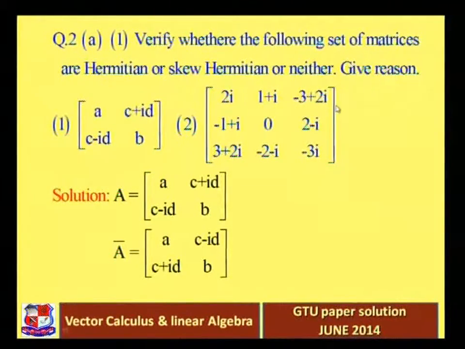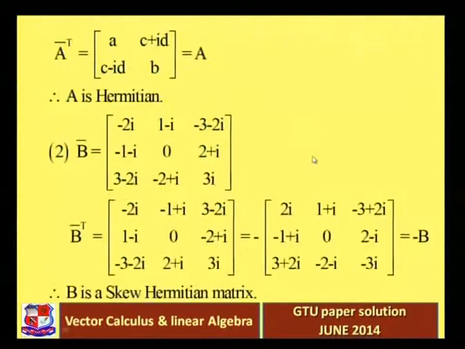1 minus i, minus 3 minus 2i; minus 1 minus i, 0, 2 plus i; 3 minus 2i, minus 2 plus i, and 3i, correct?